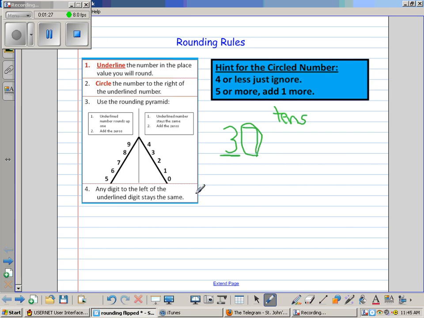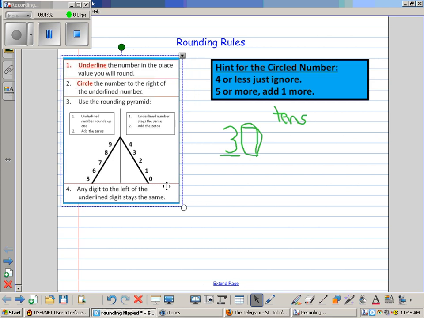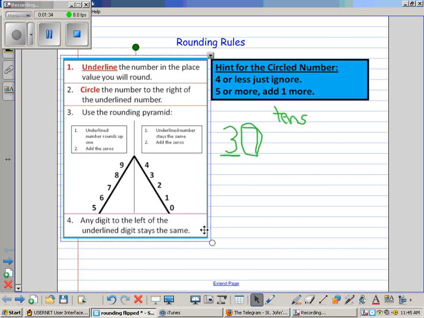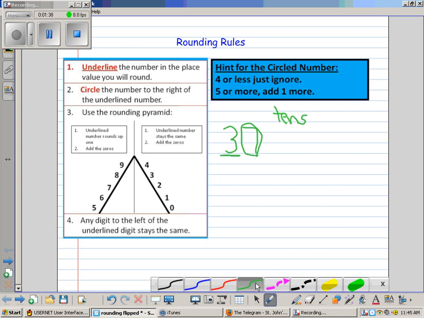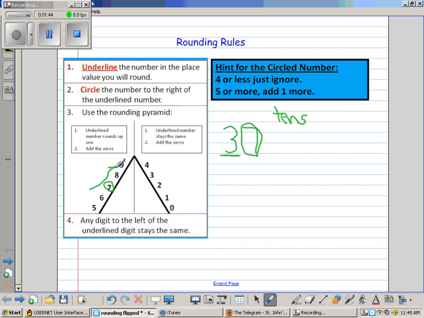Move down to number 3, or sorry, the third point. I'll make this a little bit bigger so it's easier to see. When I have a 7, it's telling me to round up. These numbers tell me to round down.